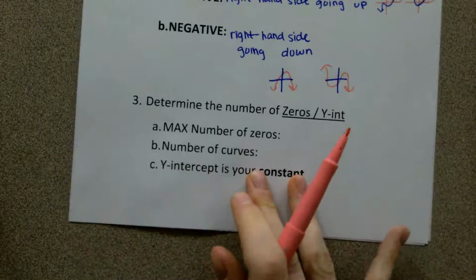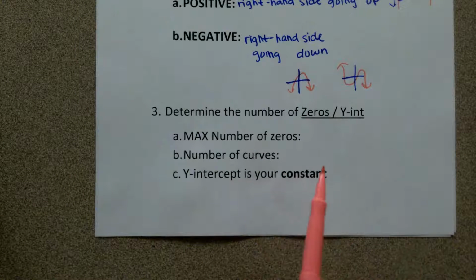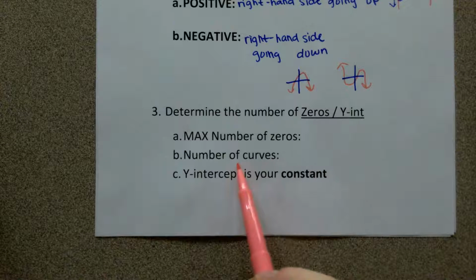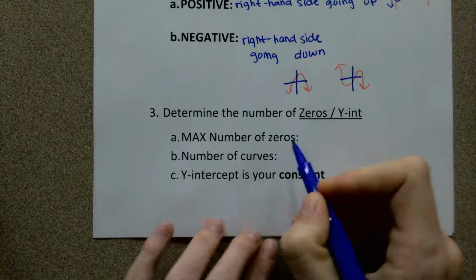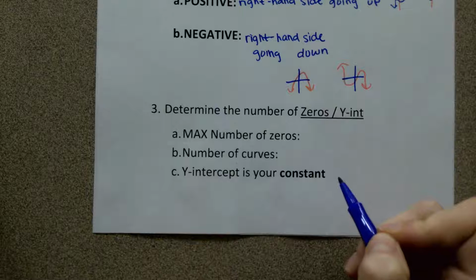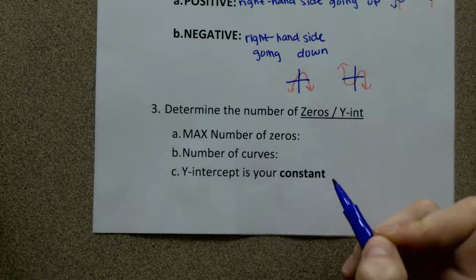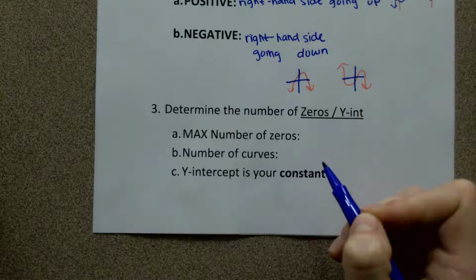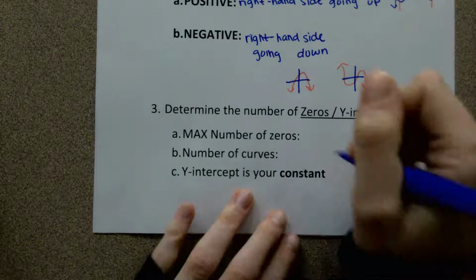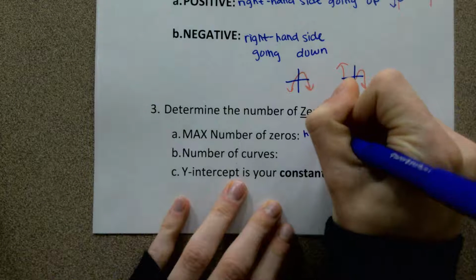Okay, determining the number of zeros. Okay, so our maximum number of zeros is determined by our highest exponent, okay? Highest exponent.